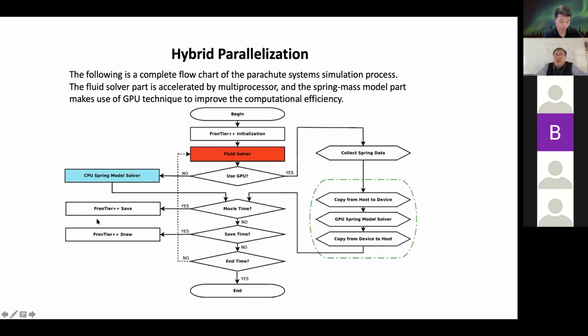The parallelization of the parachute code is very challenging. The reason is that the time step for the spring mass model is very small compared to the fluid solver. Traditionally for the fluid solver, we have used MPI to divide into subdomains to solve the PDE and then exchange data at the buffer zone.